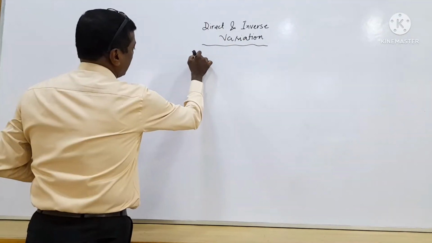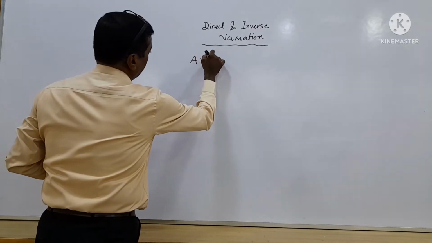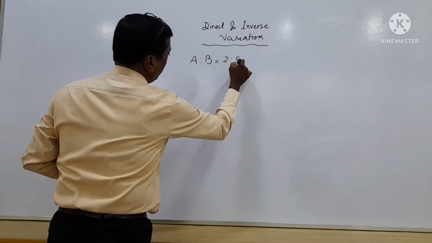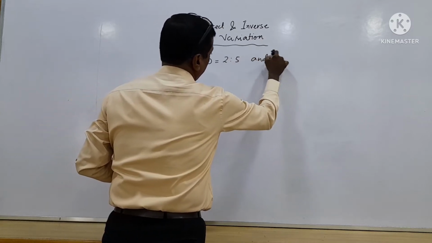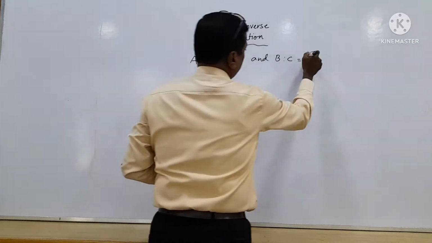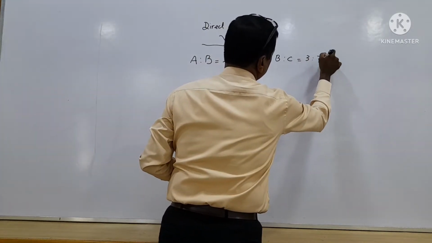Now, sometimes they give you the ratio, suppose A ratio B is, let's say, 2:5, and B ratio C is equal to 3:7.